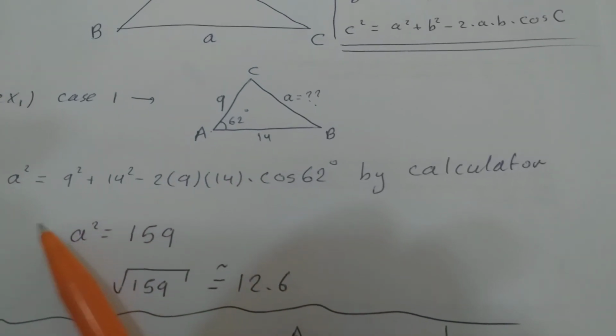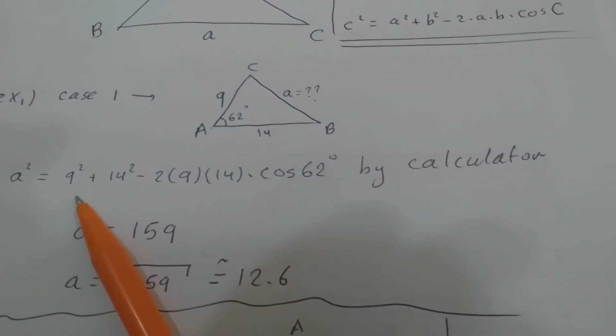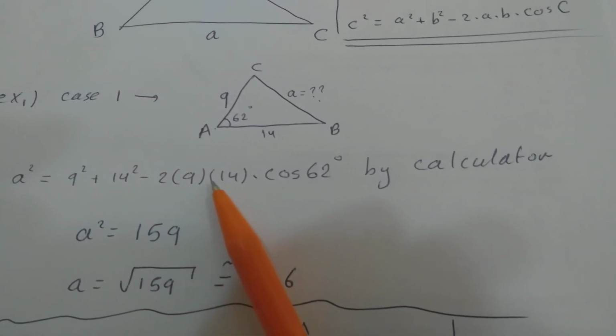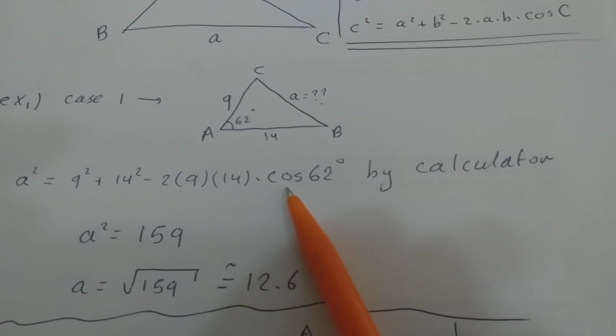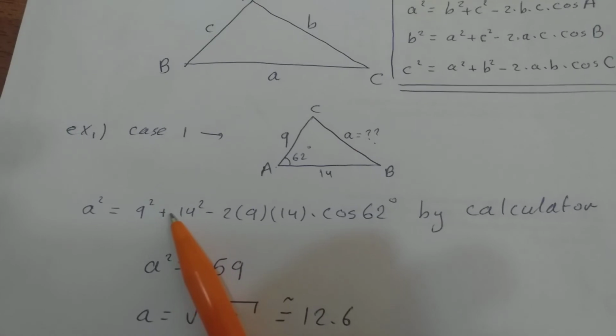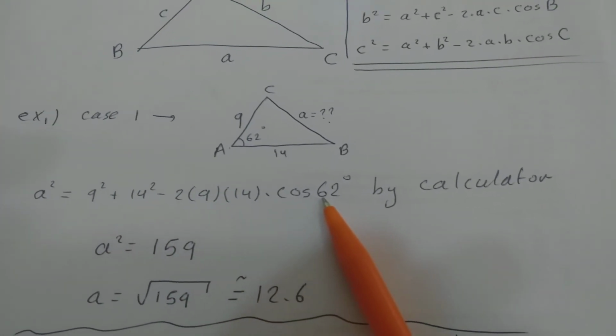So I'm going to say a squared equals 9 squared plus 14 squared minus 2 times 9 times 14 times cosine 62. This part, I will enter it in the calculator.